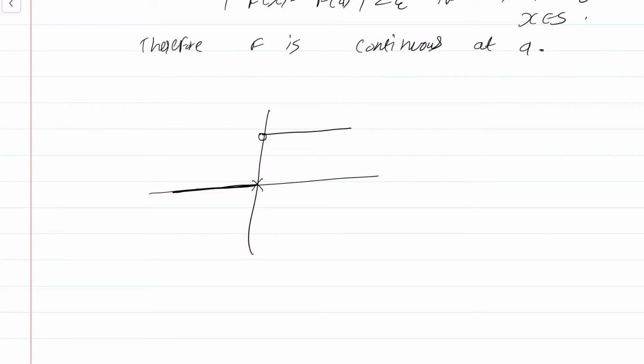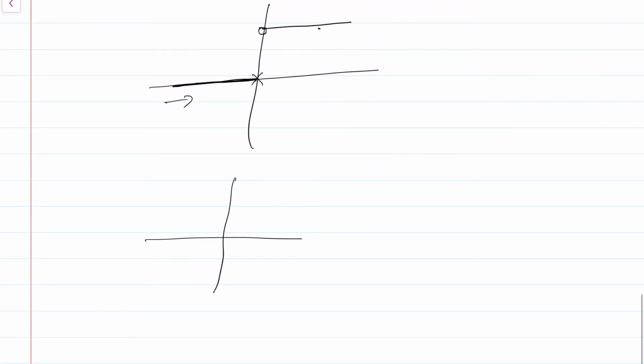Here you note that the left hand limit exists and is equal to the functional value, but the right hand limit exists but is not equal to the functional value. More interestingly, consider this example: 0 here, 0 here, but 1 here. Then both the left hand limit and the right hand limit exist, but are not equal to the functional value at the point.